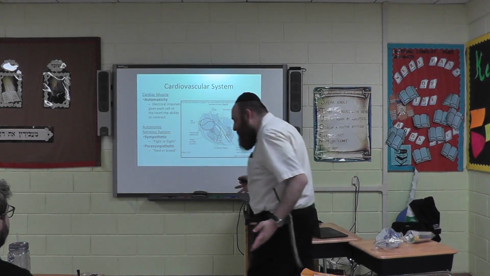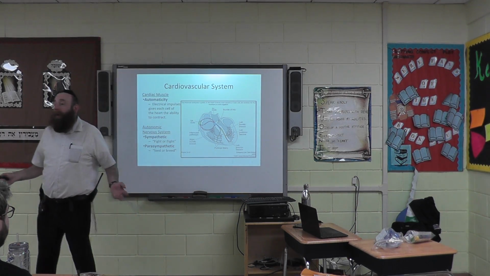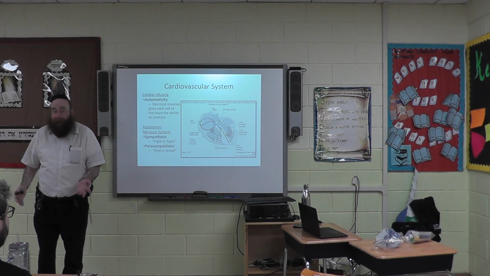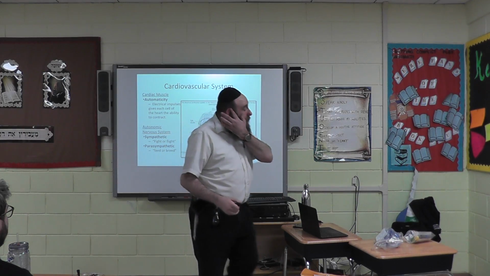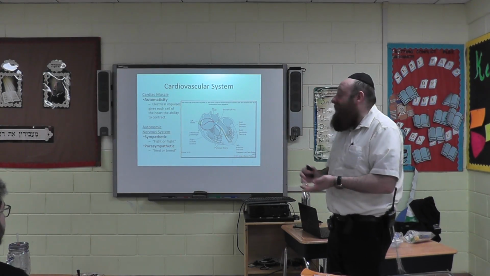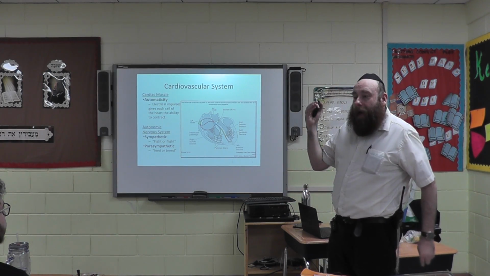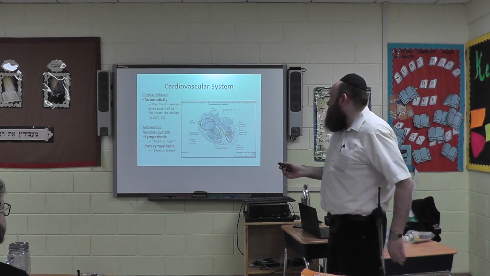So somebody asked, good question, what happens if it goes wrong? Does the SA node stop working or whatever? So yes, the SA node gets sick in certain patients. The SA node can get sick and not work properly. The SA node can get sick and not work at all. So Hashem gave us a backup system. In fact, there are two backup systems.